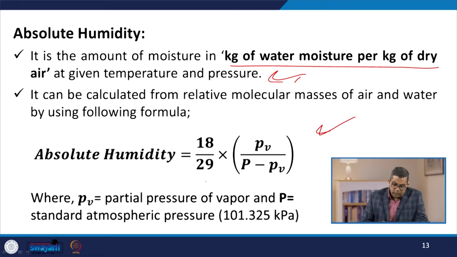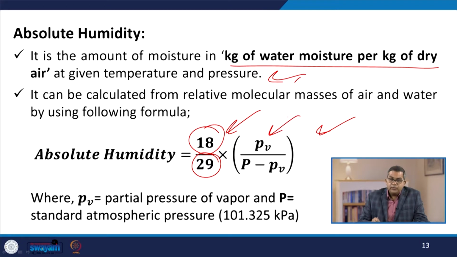Absolute humidity equals 18 by 29, where 29 is the molecular mass of air and 18 is the molecular mass of water, into Pv upon P minus Pv, where Pv is the partial pressure of vapor and P is the standard atmospheric pressure, which, as we discussed in previous slides, is 101.325 kilopascal.